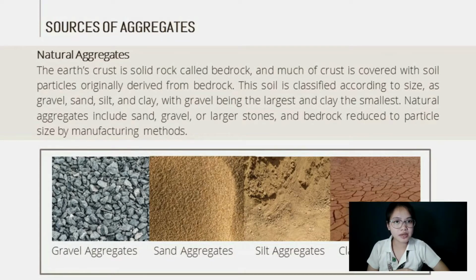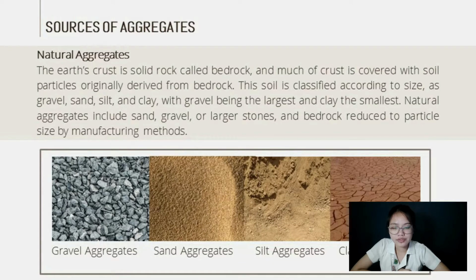Aggregates can only be either natural or recycled. But first, let's discuss natural aggregates. The Earth's crust is solid rock called bedrock. Much of the crust is covered with soil particles originally derived from bedrock.